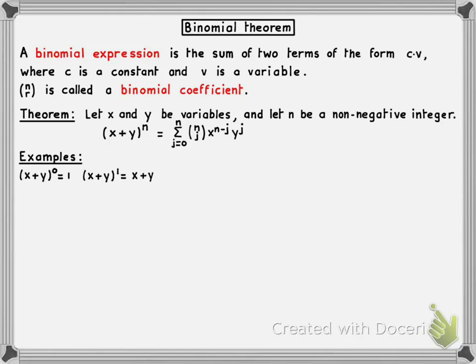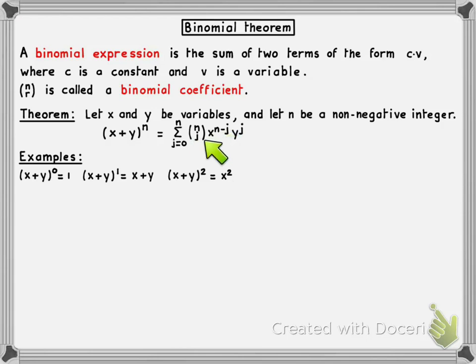Now let's consider the case where n is equal to 2. In this case, j is going to go from 0 all the way up to 2, so there will be 3 terms in the sum. For j equal to 0, n choose 0 is 1, x^(2 minus 0) is x squared, times y^0 is 1, so the first term is x squared. Then for j equal to 1, 2 choose 1 is 2, times x^(2 minus 1), so x^1 is x.